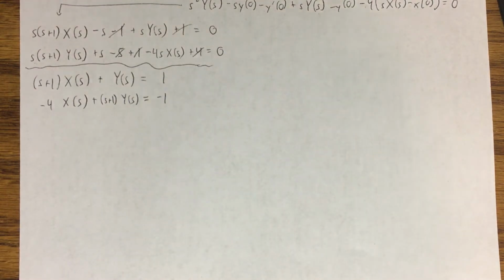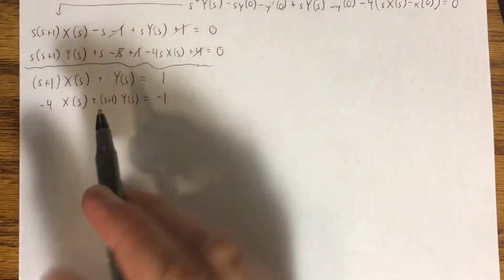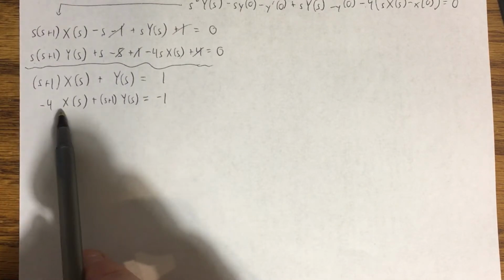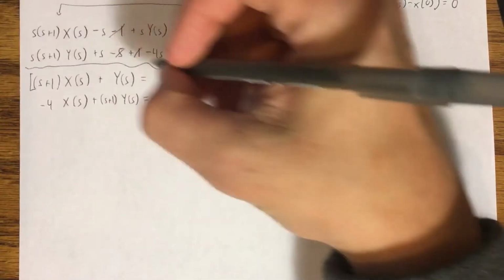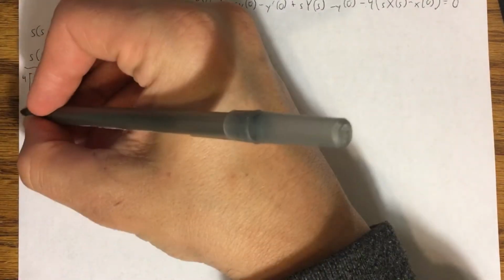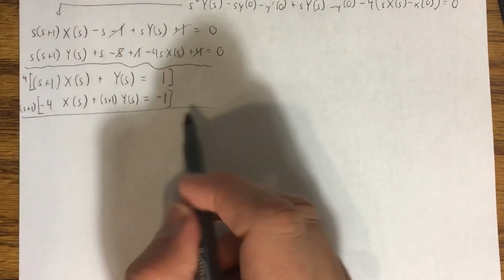Now, at this stage, what we want to do is eliminate one of our variables. In this case, I'm going to eliminate the x first. So I need to multiply my top equation by 4 and my bottom equation by s plus 1 in order to do that. I'll multiply through and then add.